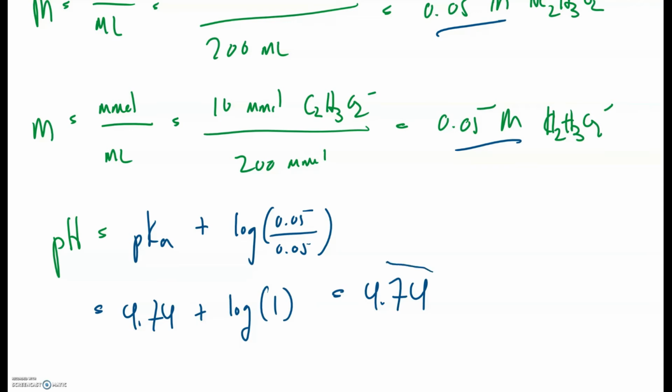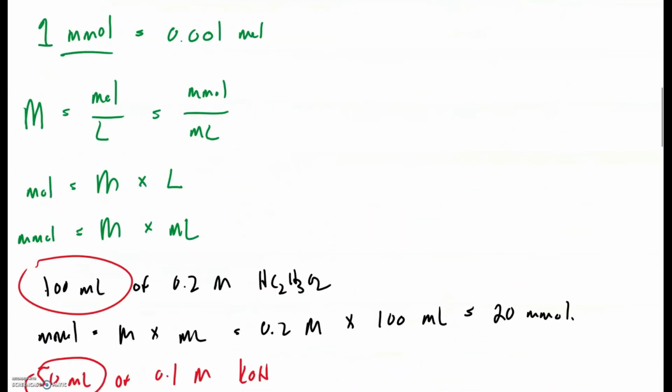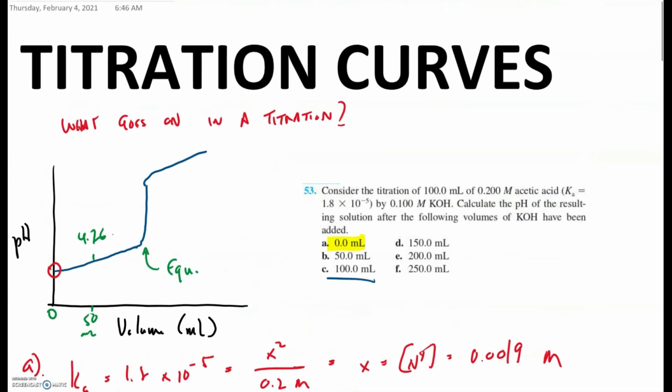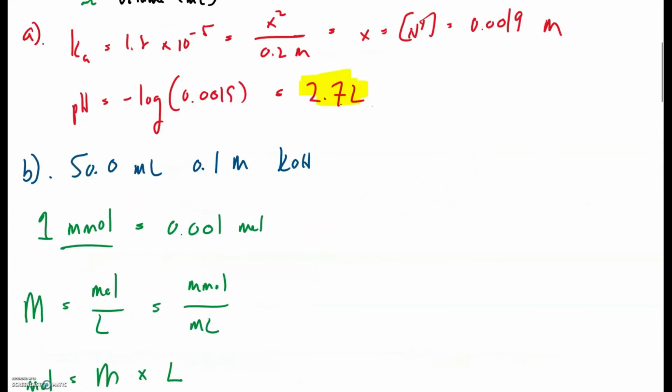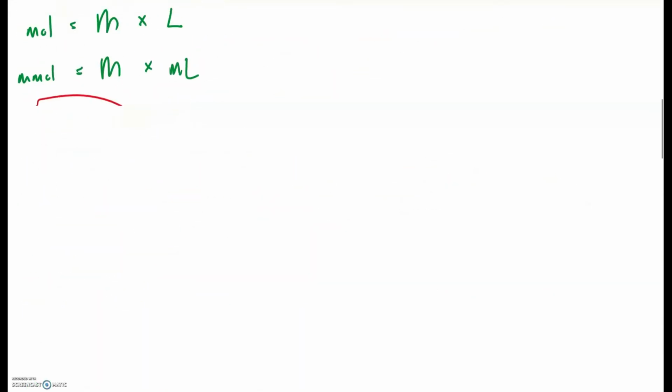Let's use our highlighter. I'm trying to get this to select the highlighter. Okay, so here on our curve, we're now at 4.74 at 100.